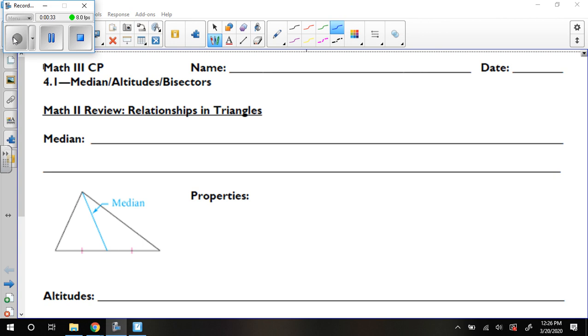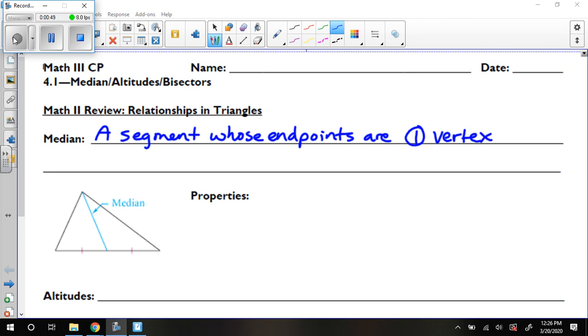Okay, a median is a segment whose endpoints are a vertex. Okay, so the first endpoint is going to be a vertex.